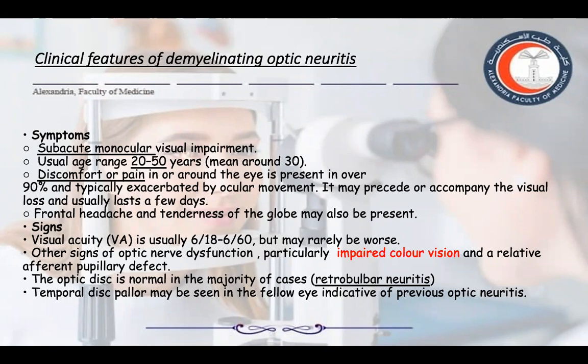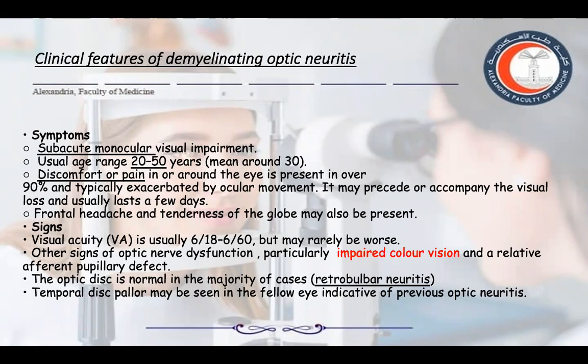We have sometimes frontal headache and tenderness. Signs: visual acuity 6/18 to 6/60, sometimes maybe worse. Other signs include blurred color vision and the relative afferent pupillary defect, which are the signs of optic nerve dysfunction. Optic disc is normal in the majority of patients.